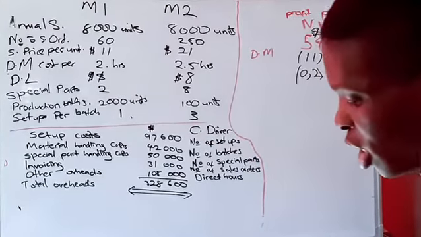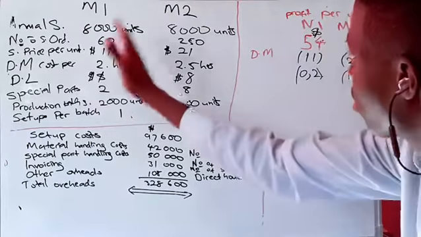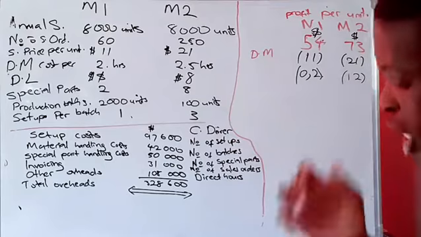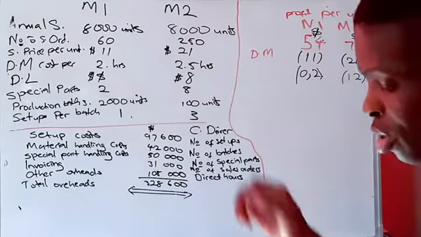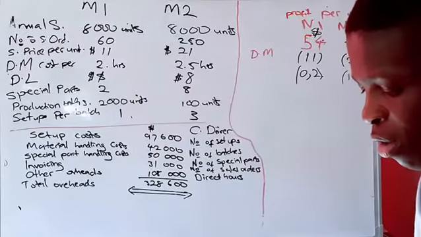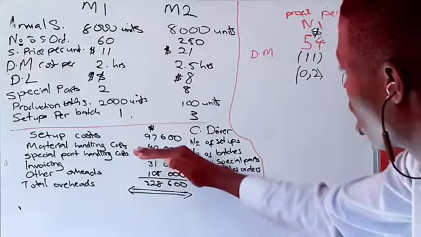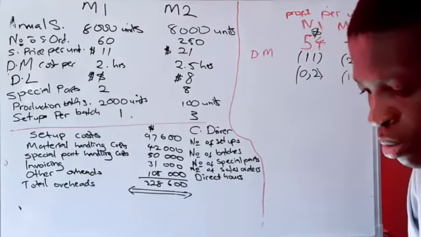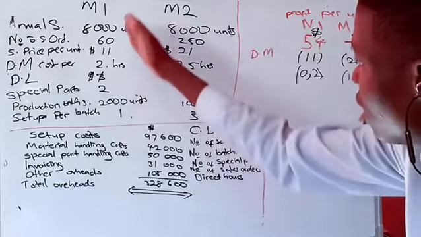Let's get how much relates to product M1 and product M2. With 84 batches, for M1 it's 4 divided by 84 times 42,000, which is 2,000.